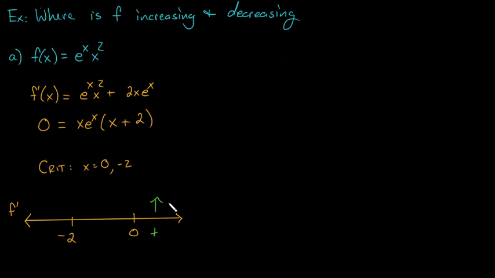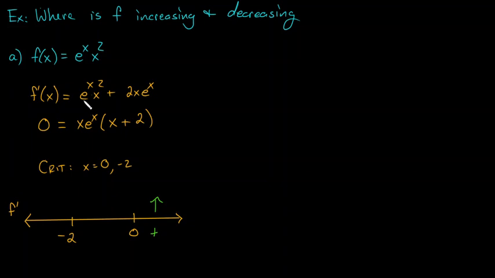Okay, what's an easy number to check between -2 and 0? -1. Now, at this point, I don't think I need to. Okay, 2 ways we can do it. We can check -1.